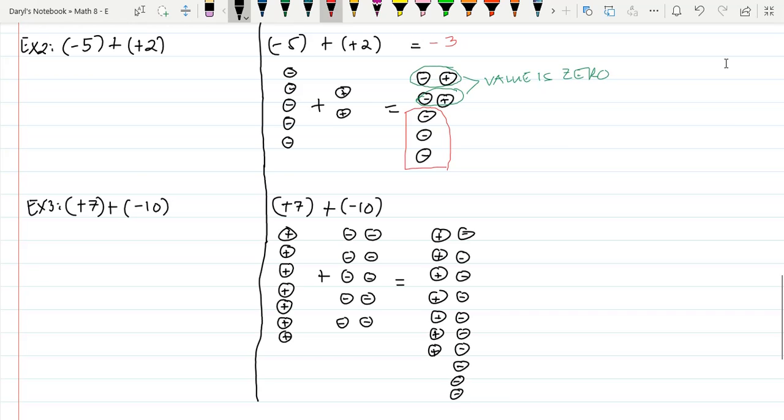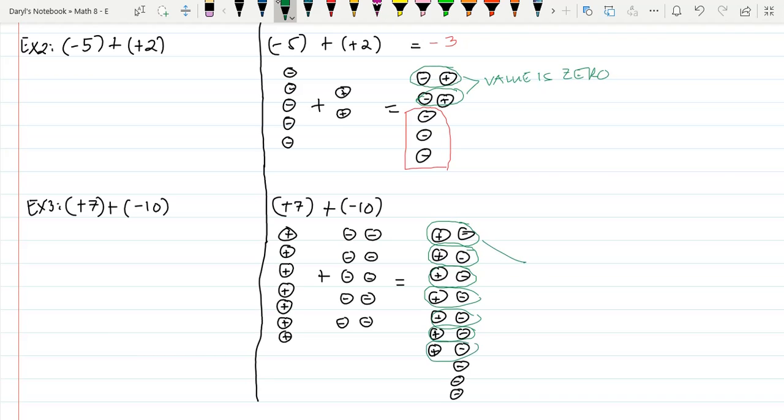In this particular case, you have both positive and negative chips. If that is the case, you can create some zero pairs. Actually, you can create 7 zero pairs here: 1, 2, 3, 4, 5, 6, and 7.